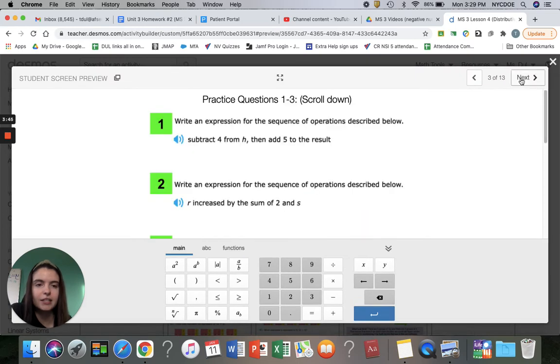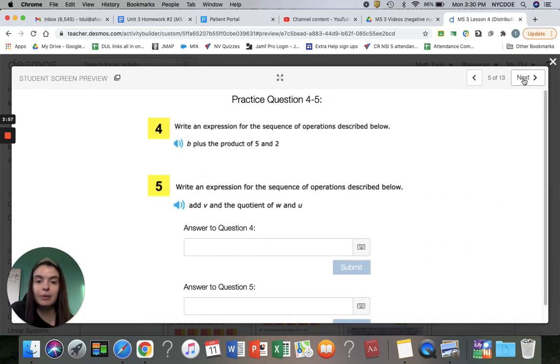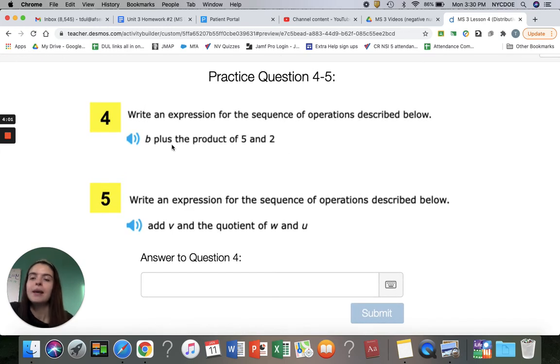All right. So we said sum means to add, difference means to subtract, product means you're multiplying, and quotient means you are dividing. Keeping that in mind, we'll just do 2 more examples together. B plus the product of 5 and 2.